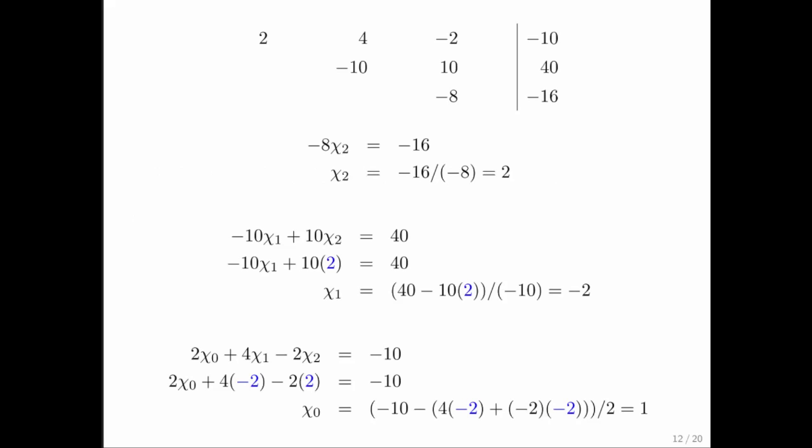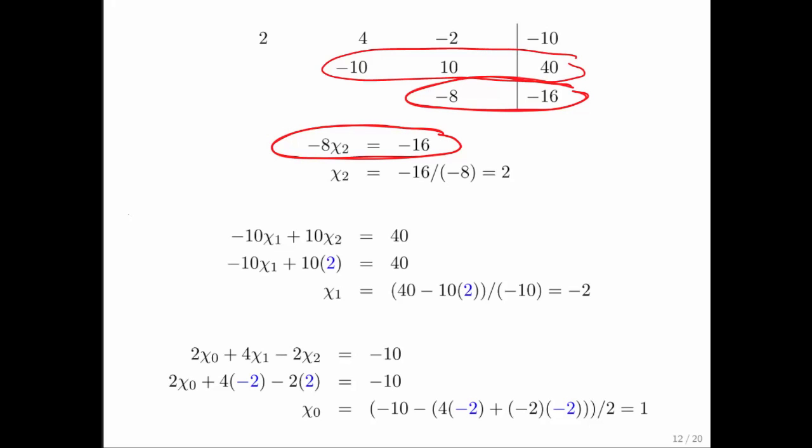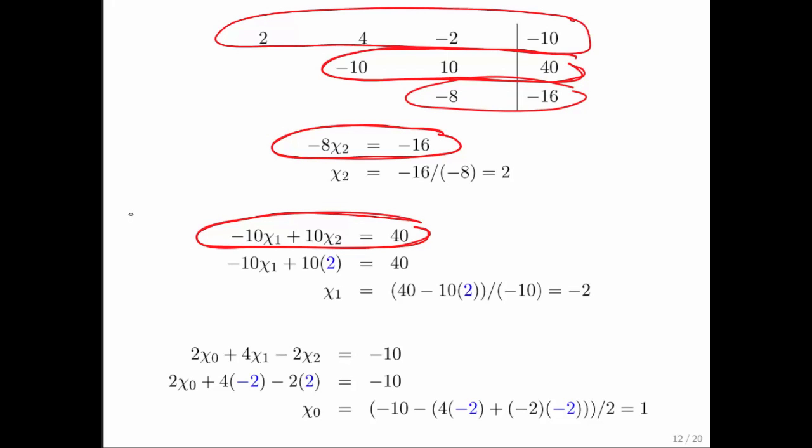So we can then do our back substitution exactly as we did it before, where all we need to do is recognize that this right here really represents that equation. This second row of coefficients really represents this linear equation, and this first row of coefficients really represents this equation right here.